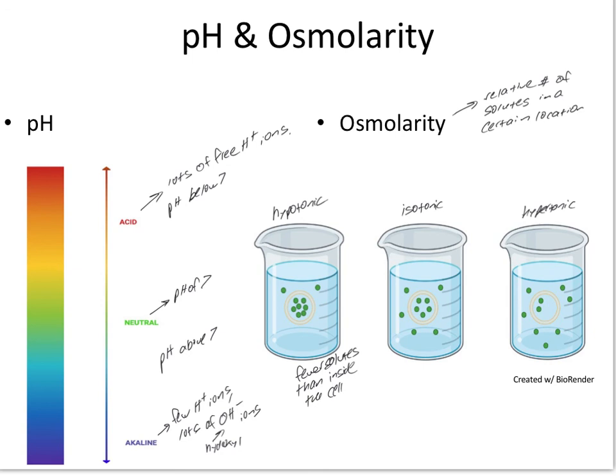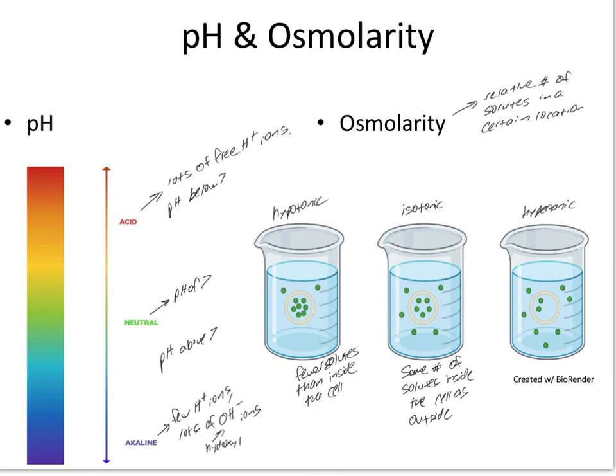In an isotonic solution, we have the same number of solutes inside the cell as outside the cell. So the solution has the same number of solutes that the cytoplasm of the cell does. Iso, that prefix means same. So same number. And then our last one is hypertonic.